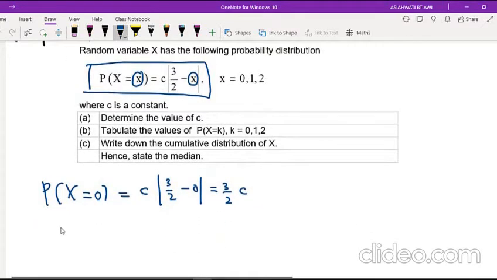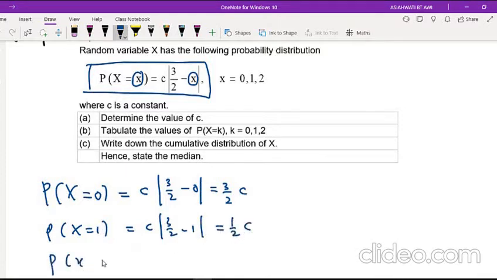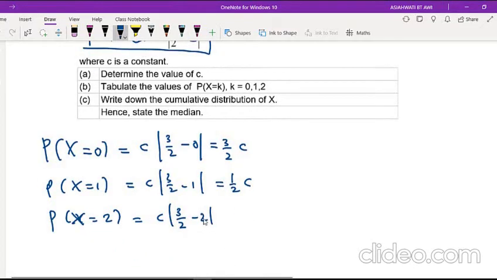When x is equal to 1, substitute: c times 3 over 2 minus 1 is equal to 1 over 2 c. When x is equal to 2, substitute this x by 2. The answer is negative half, and for absolute value, negative half changes to positive half. So the answer is 1 over 2 c.